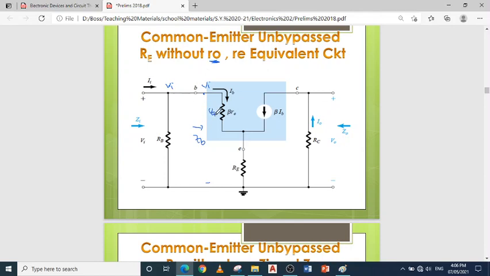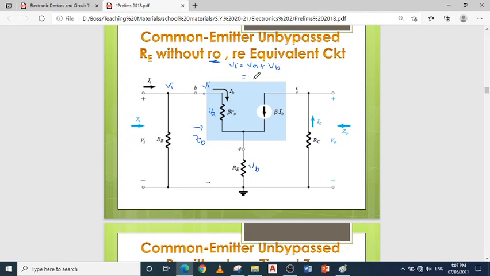Say this is VA, the voltage drop across this resistor, and assume this is VB. Then our VI is equal to the voltage VA plus VB.